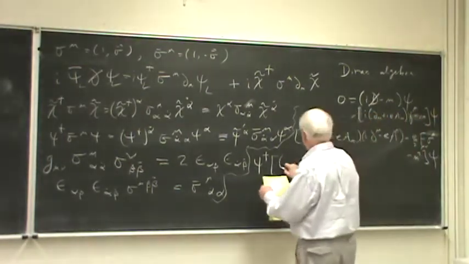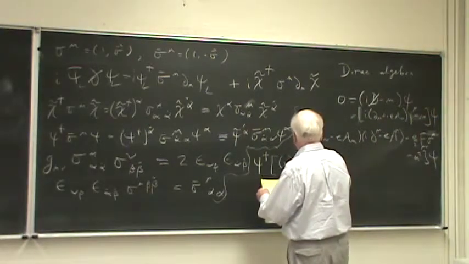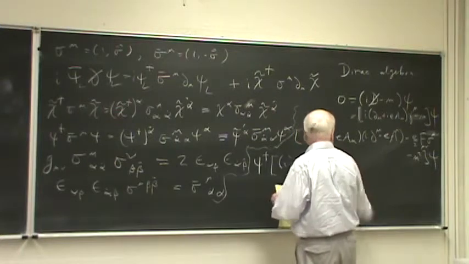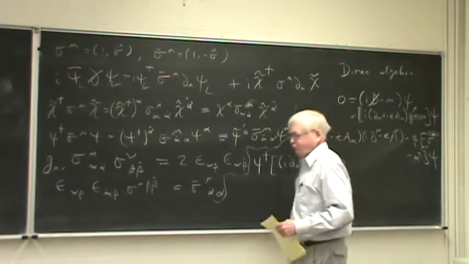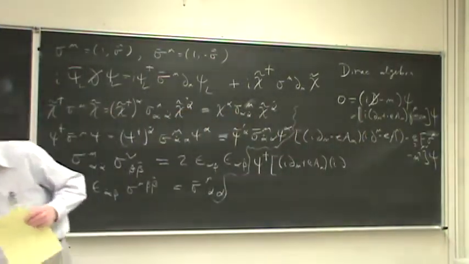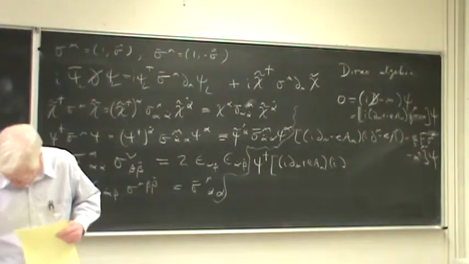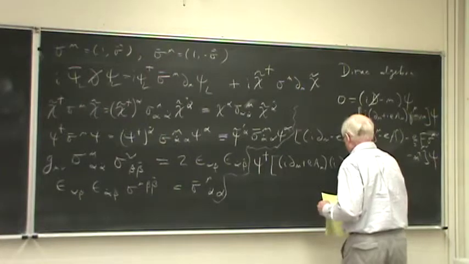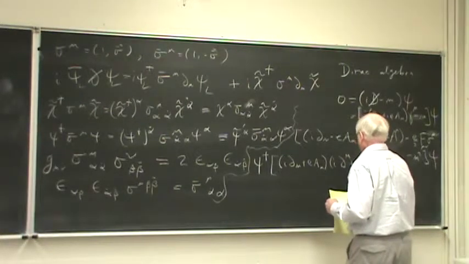So what we get then is (i∂_μ + e A_μ) squared.